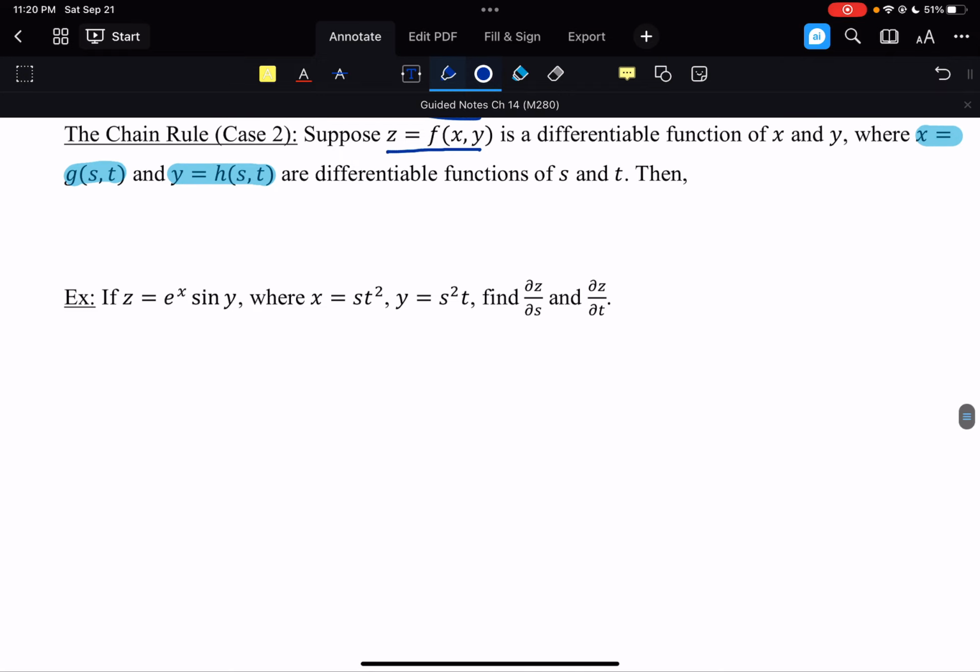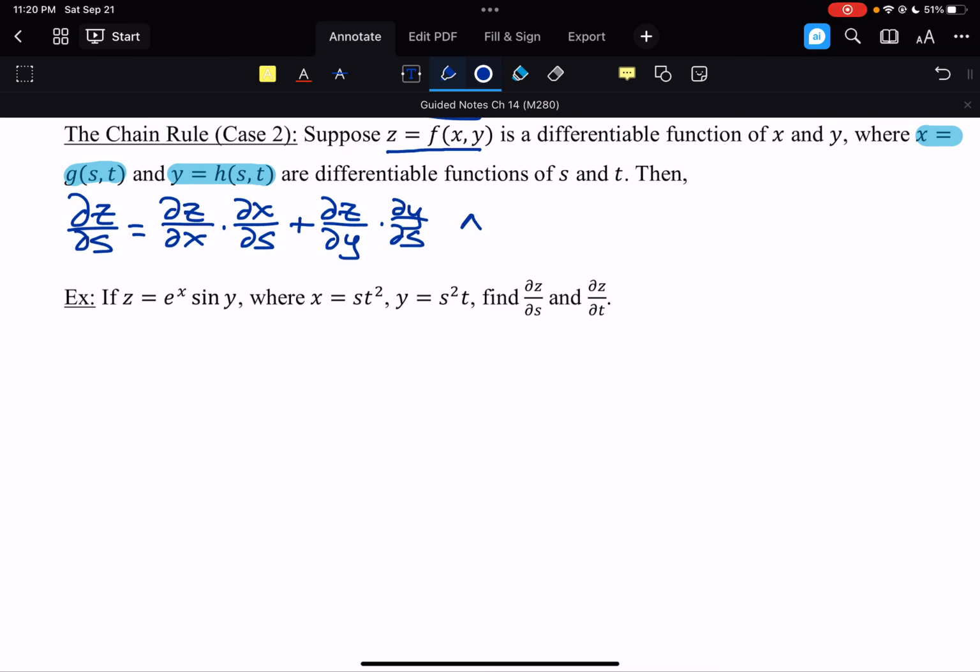So partial z with respect to s will be partial z with respect to x times partial x with respect to s, right? Derivative of the outside times derivative of the inside, plus partial z with respect to y times partial y with respect to s. And that's our formula with respect to s.